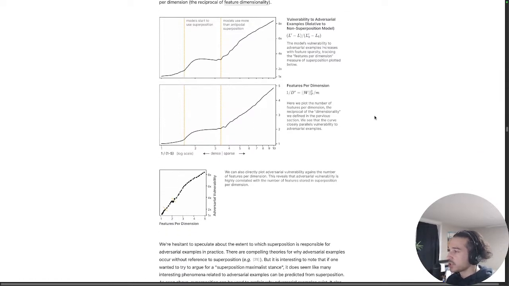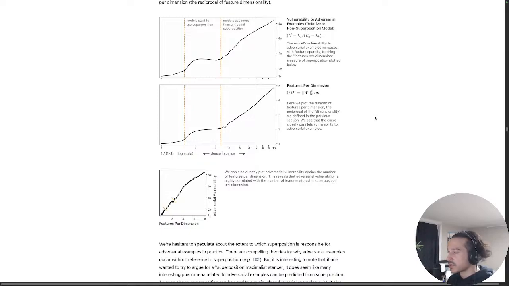Below that we have features per dimension, 1 over D star equals the Frobenius norm squared of W over m. Here we plot the number of features per dimension, the reciprocal of the dimensionality we defined in the previous section. We see that the curve closely parallels vulnerability to adversarial examples.